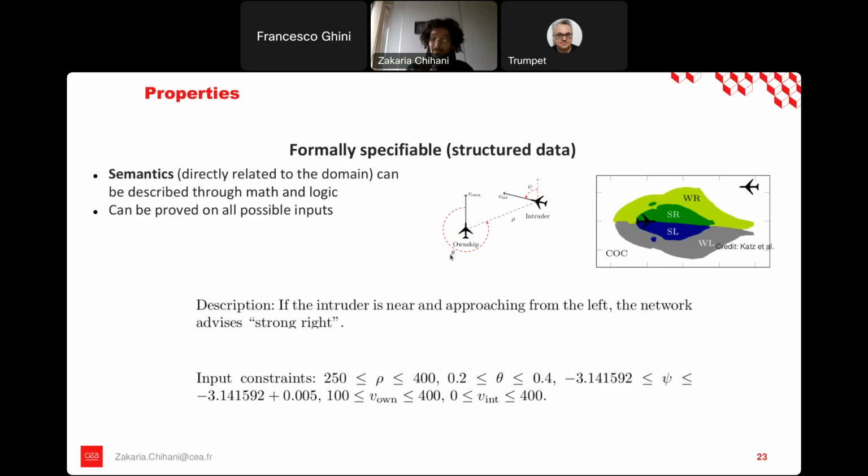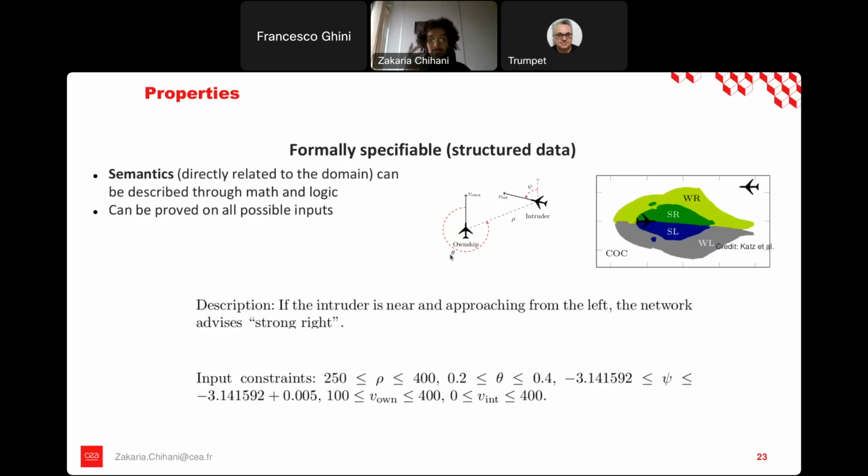And because these are physical properties, you can immediately describe safety specification. For example, if you have a description of a specification that says, I want my model, if an intruder is near and approaching from the left, I want the network to say, advise strong right, meaning turn right.